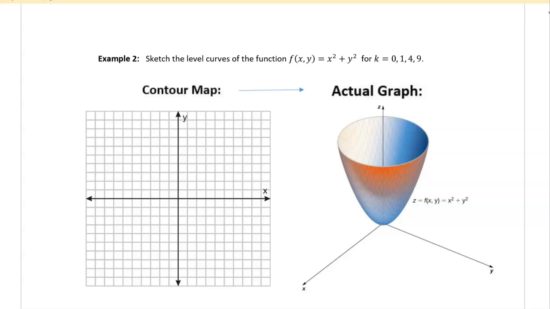We're going to sketch the level curves of our function f of xy equals x squared plus y squared for our k values of 0, 1, 4, and 9. Something to notice about these k values is they're not evenly spaced.